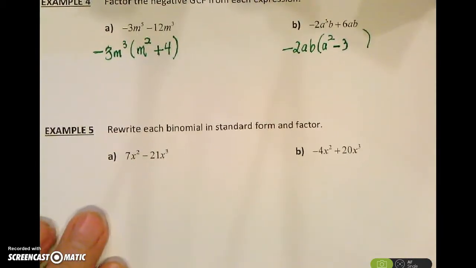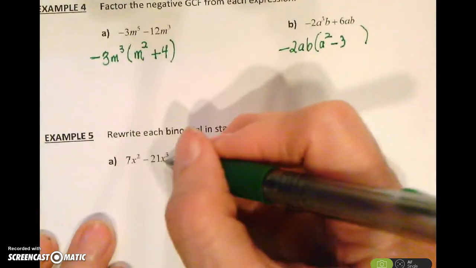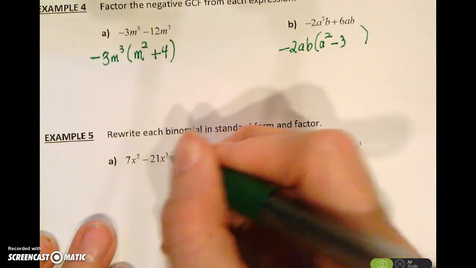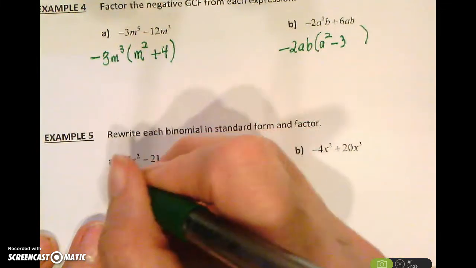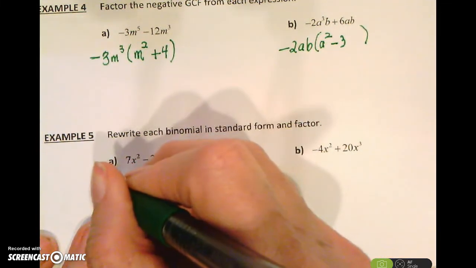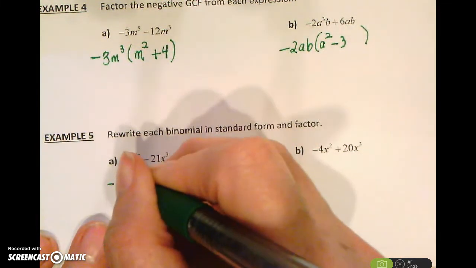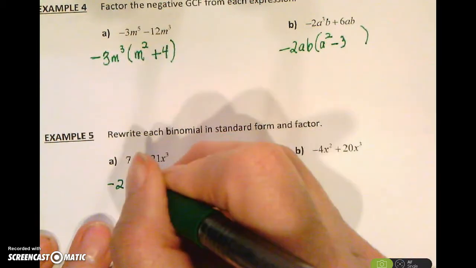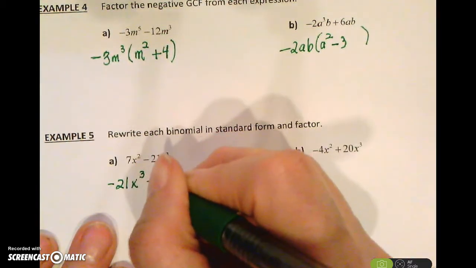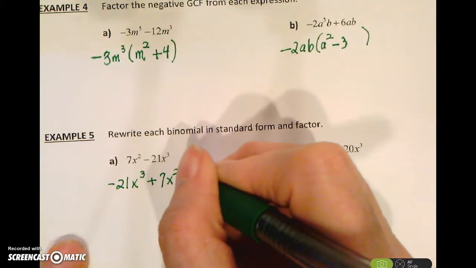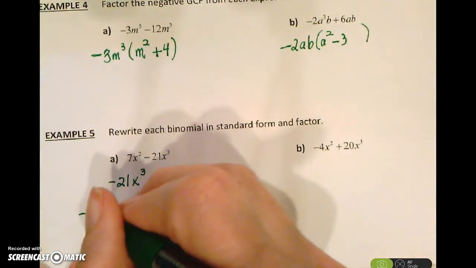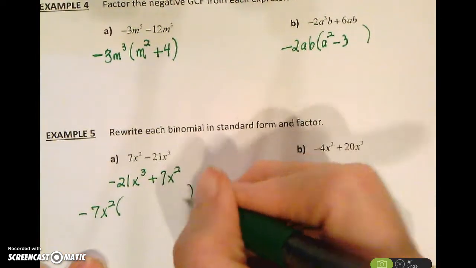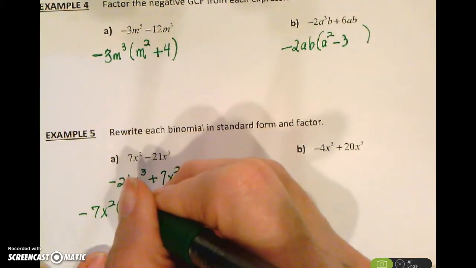Example 5, we're going to have to write it in standard form. So on this one, you see that it has the x cubed before the x squared. So this is a negative 21, and when I rearrange these terms, the negative is going to go with it. So this is negative 21x to the third plus 7x to the second. In common is going to be a negative 7x squared. That is going to leave me with a 3x.